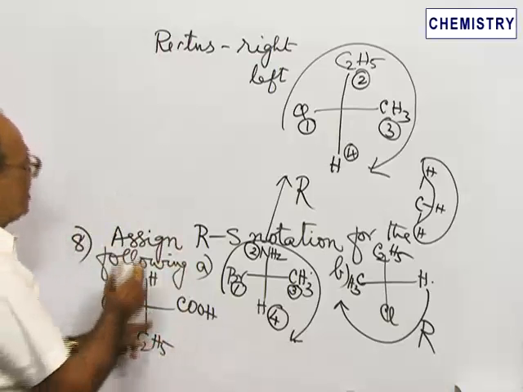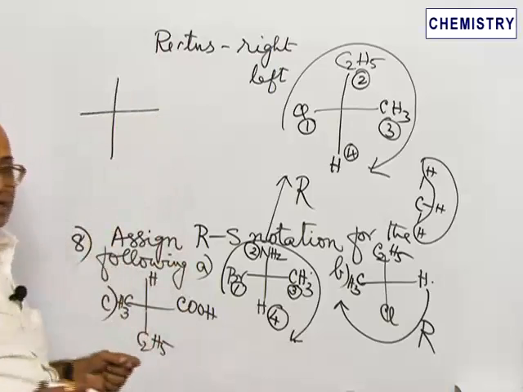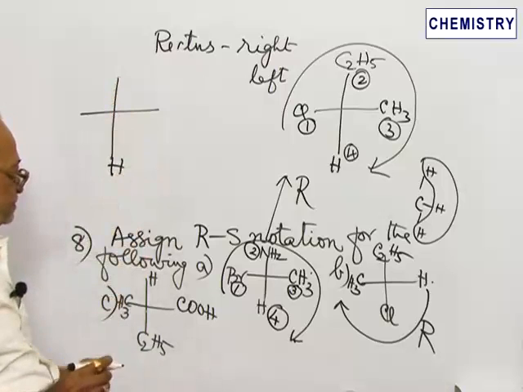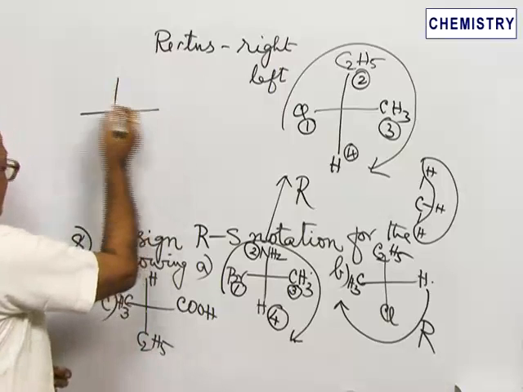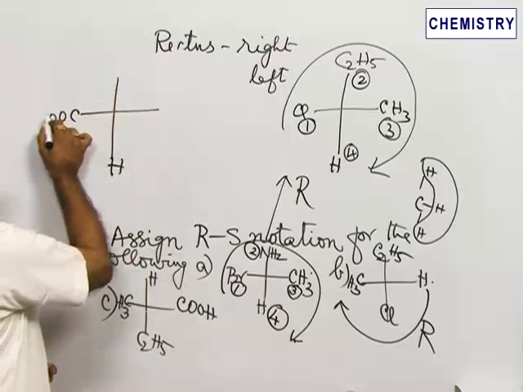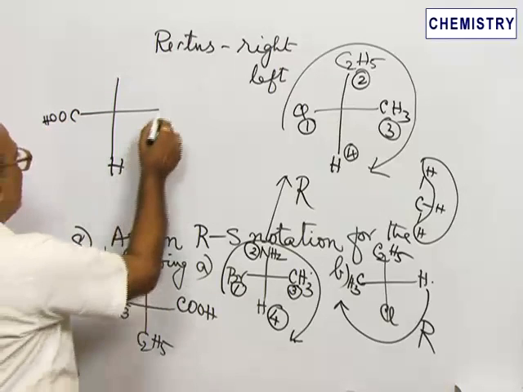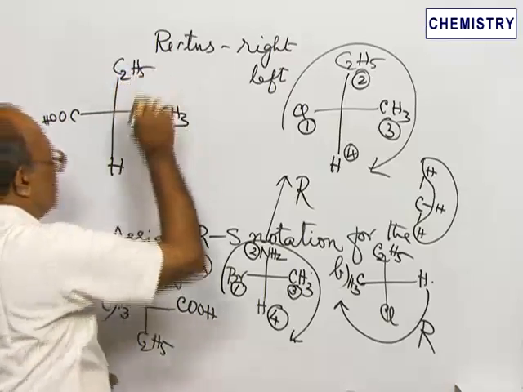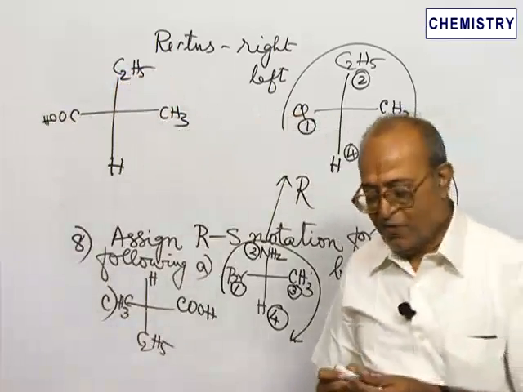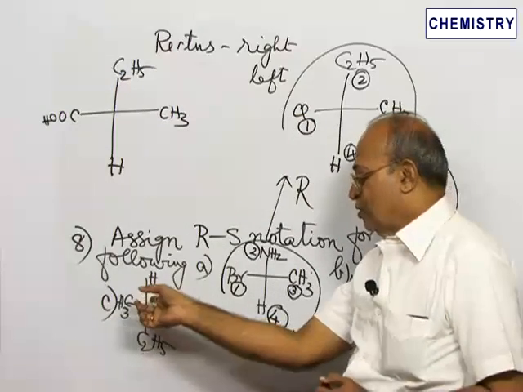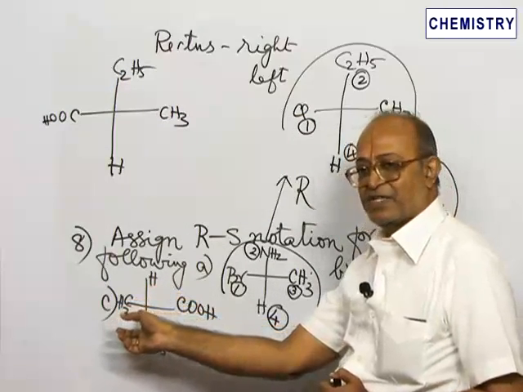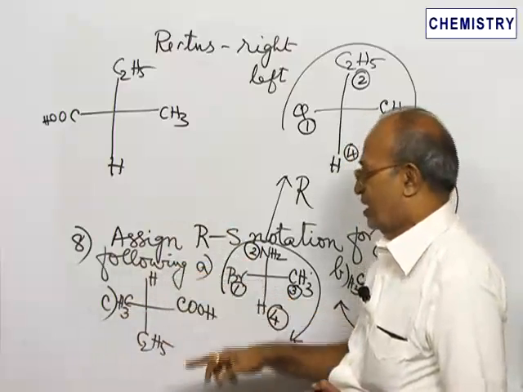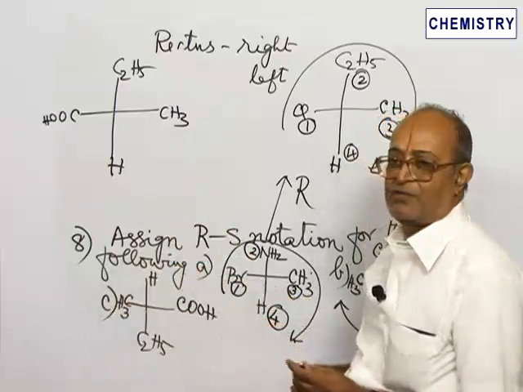You rotate C through 180 degrees. When this hydrogen at the top comes to the bottom, COOH will move to this, CH3 here, C2H5 here. So if hydrogen is at the top, you rotate this molecule with respect to this axis on the plane of the paper through 180 degrees. H will come here, C2H5 there, and COOH and CH3.